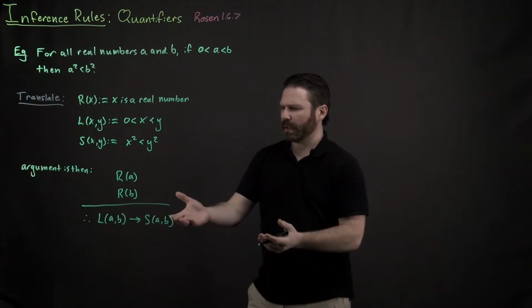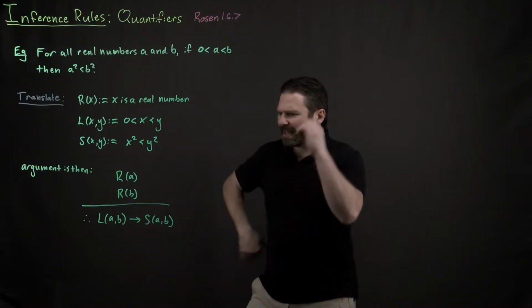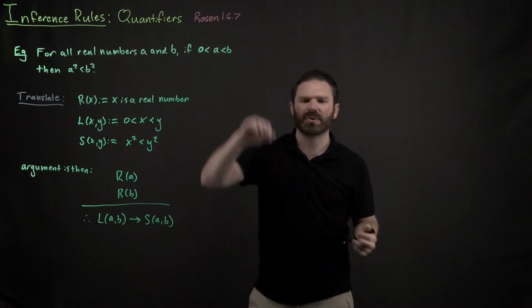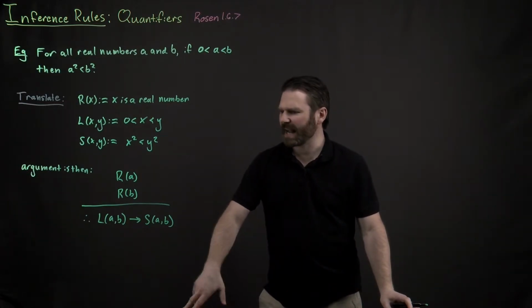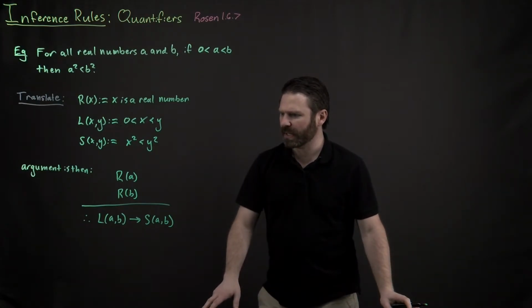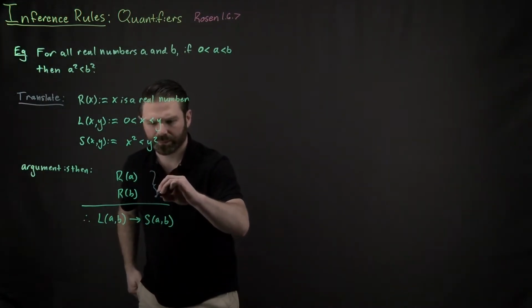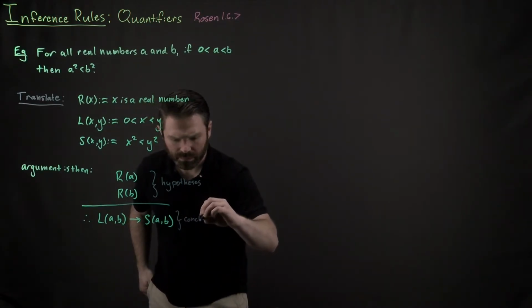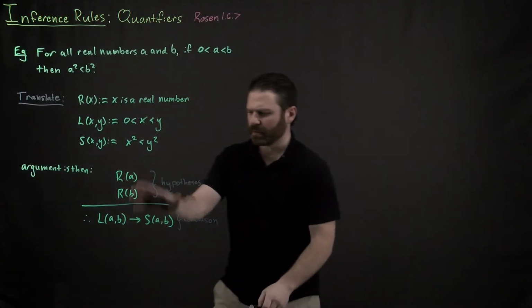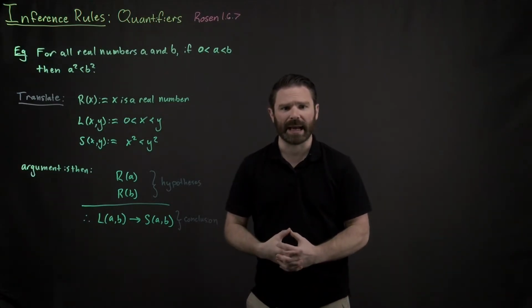Okay, so it looks like it's in a format where I could apply inference rules. But unfortunately, if I go back to Rosen and I look at tables 1 and 2, it doesn't actually look like there are any inference rules that I could immediately apply to this. Because indeed, our hypotheses and our conclusion right here don't really fit into any of the inference rules that we've looked at so far.